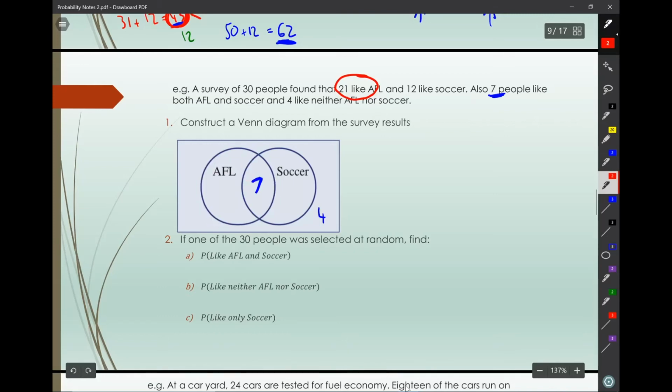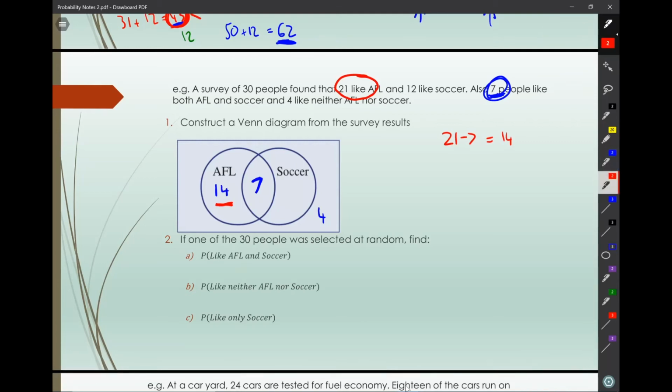Okay, so the number that we put here is not 21, but 21 minus 7. There are 14 people that like AFL. And this 14 represents the people that like AFL only. Okay, that's not counting these 7 people that like both.